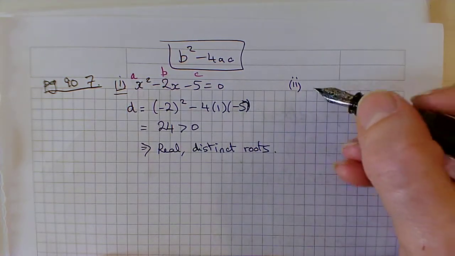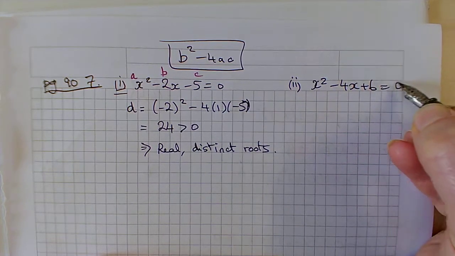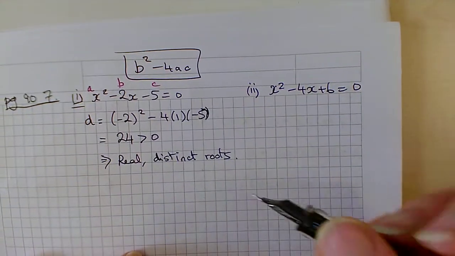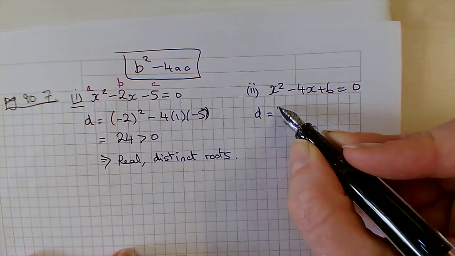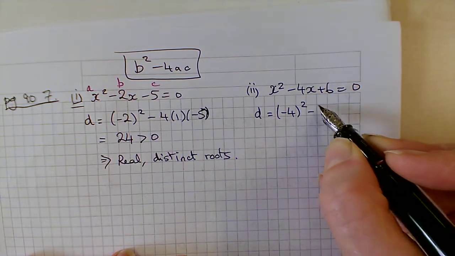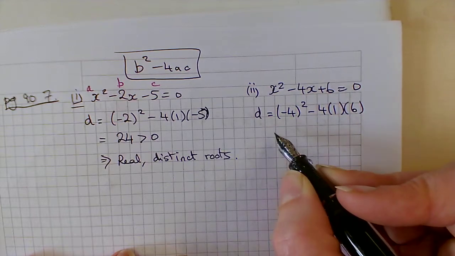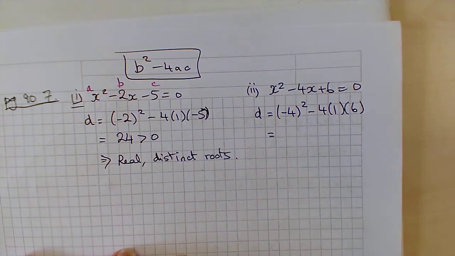Part 2, I have x squared minus 4x plus 6 equal to 0. We weren't actually asked to find the roots, by the way. We were only asked to state what type of roots they were. So my b squared minus 4ac here is minus 4 squared minus 4 times 1 times 6. And that's going to be 16 minus 24.